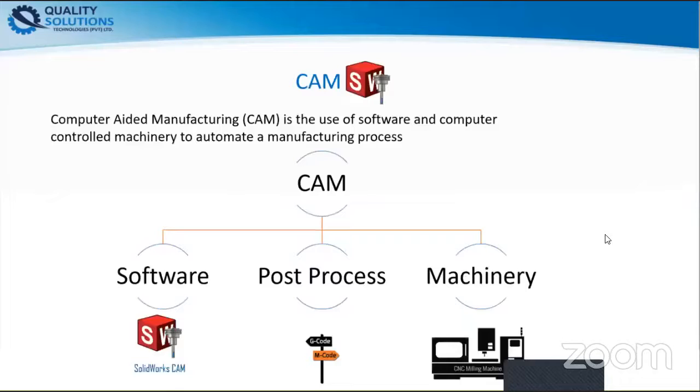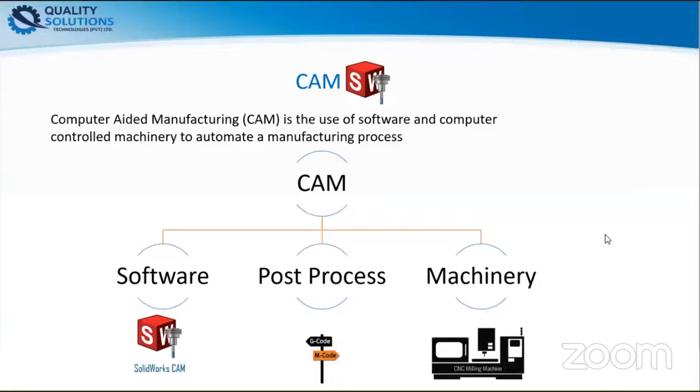CAM is the abbreviation of computer-aided manufacturing or computer-aided machining. It requires software and a computer to generate the G and M codes, which will automate the machining process. It usually involves three basic fundamentals. We must have a CAM software on which we can generate the G and M codes.